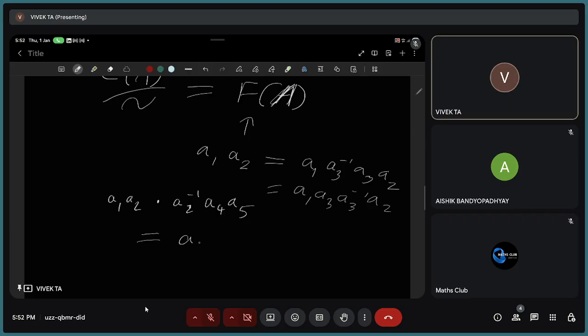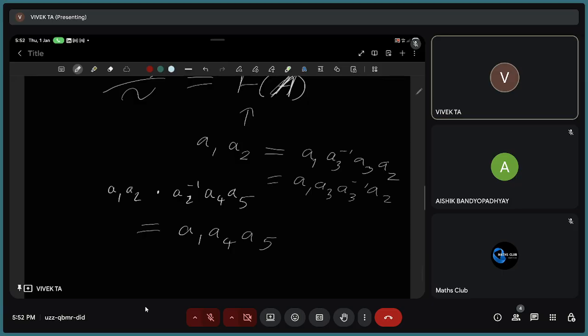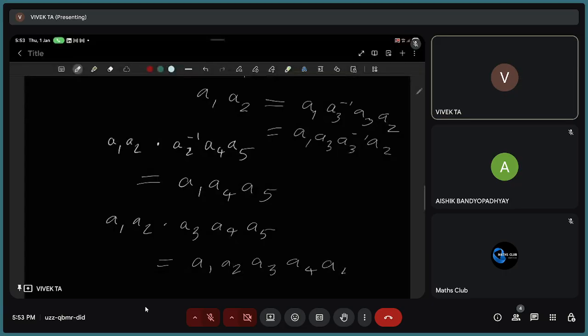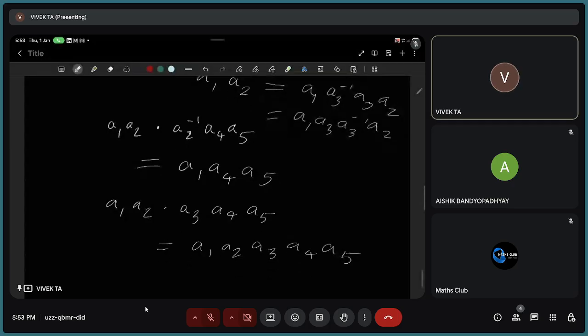Then this will give you a1 a4 a5. But in general, a1 a2 concatenated with a3 a4 a5 will give you a1 a2 a3 a4 a5. So this is my operation, and essentially this operation is called concatenation.